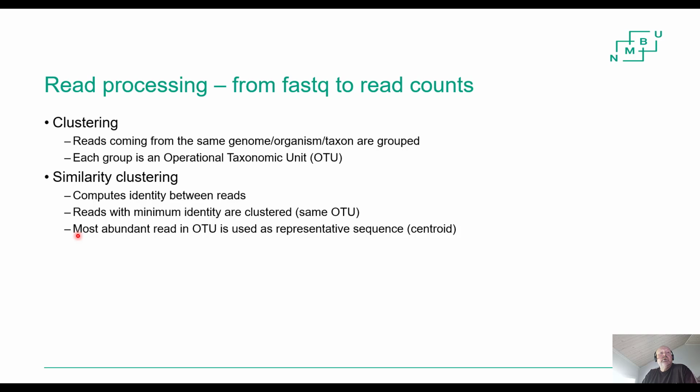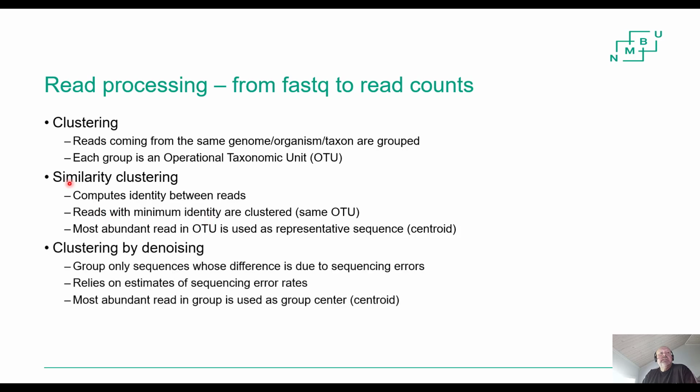And the idea is to always start at the most abundant read. Yeah, we will come to that. The most abundant read in the group is used as a representative sequence. We call it a centroid because each group should be represented by something, right? And then it's natural to use the most abundant one as the representative. But it represents many slightly different sequences, right? Depending on how strict you are in this criterion here.